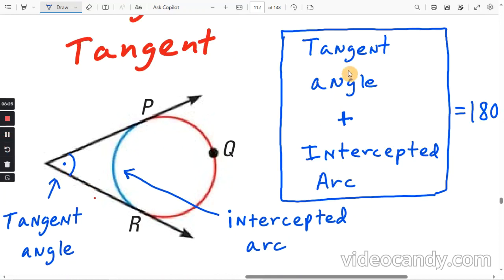I called it a tangent angle because it was formed outside the circle by the 2 tangents. So this angle plus this arc is going to equal 180. You need to know that for a few problems on the worksheet.